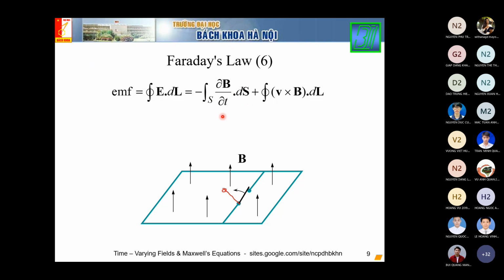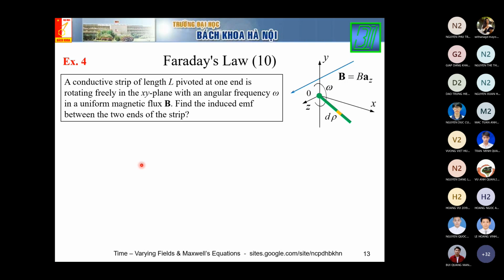If we don't have any frame, we can rely on the second term by computing the motional EMF, v cross B. If there are charges inside this bar, they will be spinning about the z-axis with the speed of v, and that speed can be found by this one.